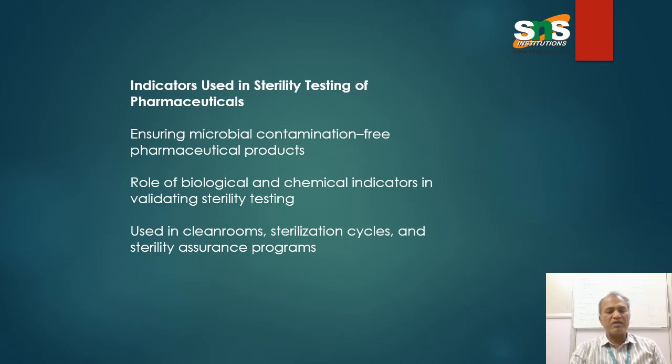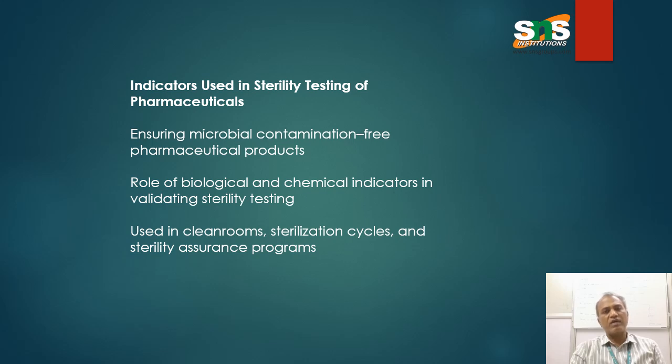Not only in pharma, nowadays in almost all categories, they are using sterility indicators to evaluate microbial contamination and the efficiency of sterilization equipment, etc. Next, the role of biological and chemical indicators in validating sterility testing.